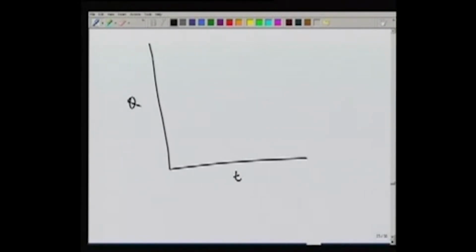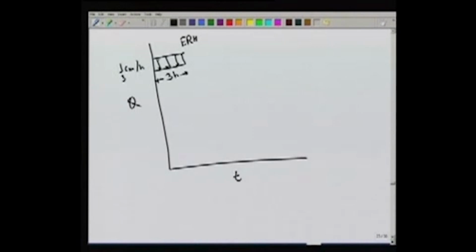Let's say we have a rain falling for 3 hours, then its intensity must be 1 over 3 centimeter per hour, so that the effective rainfall total depth is 1 centimeter.